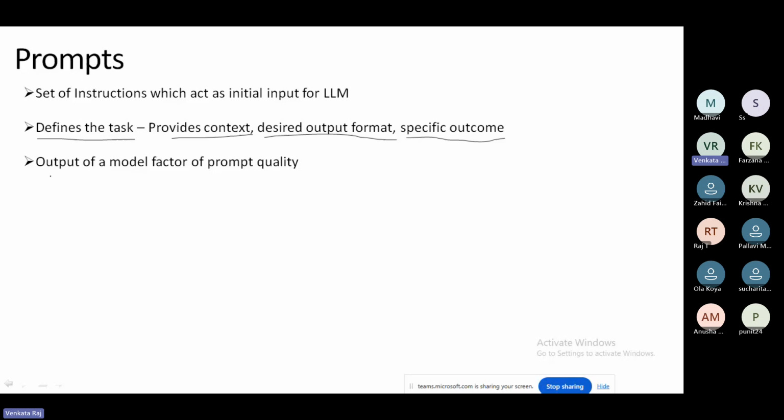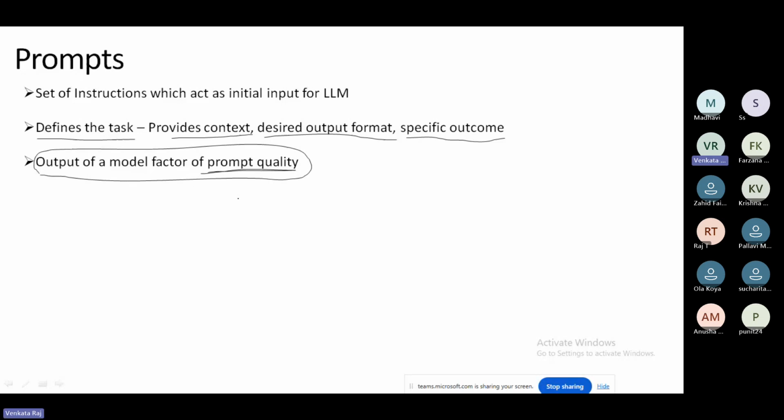This is a very important statement, guys. The output of an LLM, of an AI model, is a factor of the prompt quality. Based on the quality of the prompt which you have given, your output will vary.